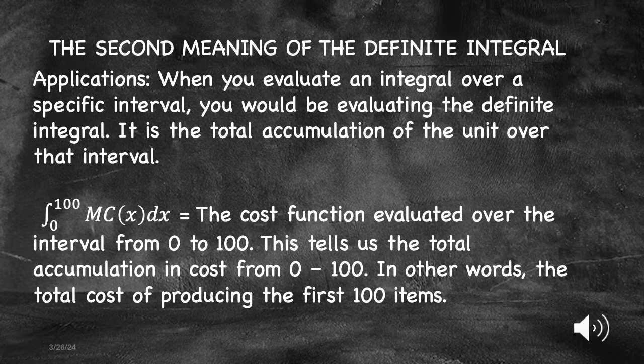But then when you additionally evaluate that over the interval from 0 to 100, because x represents the number of items produced, that value, when we integrate, is going to tell us the total accumulation in cost from 0 to 100. In other words, the total cost of producing the first 100 items.